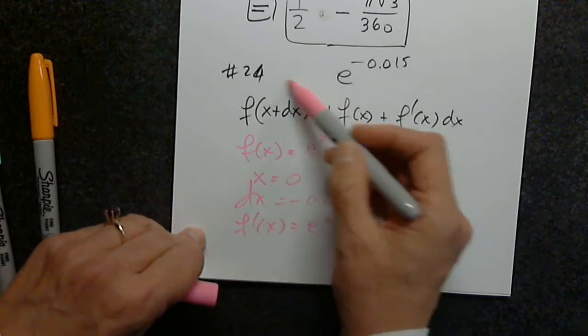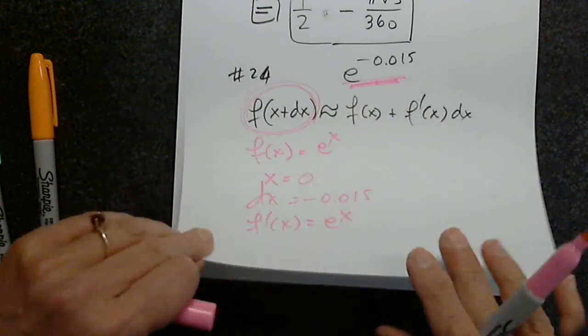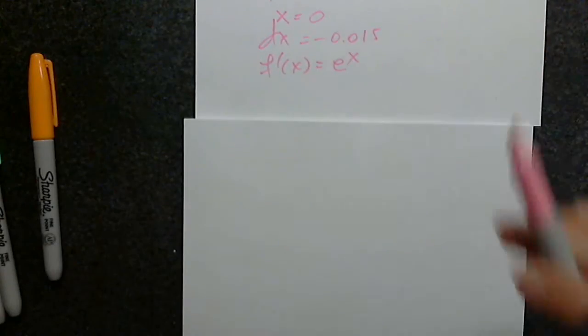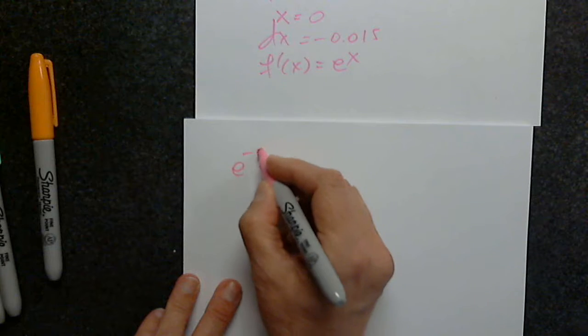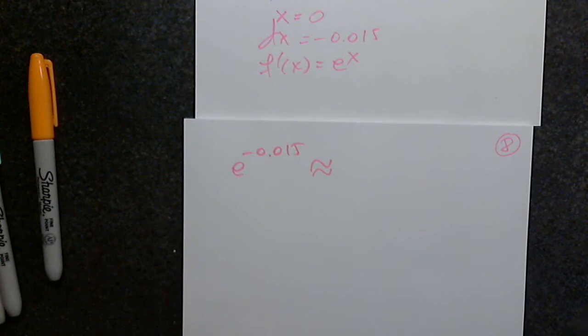So now this piece is this. So e to negative 0.015 is approximately, not equal to, because we know we are using the derivative, so we are coming up with an approximation, not with the exact difference. For that change in x, we are approximating.